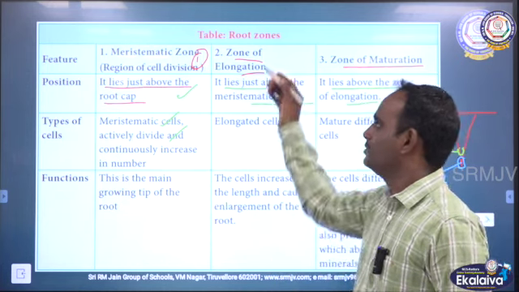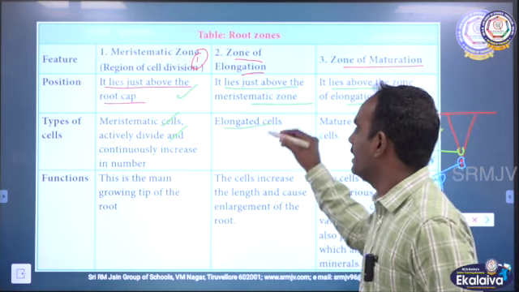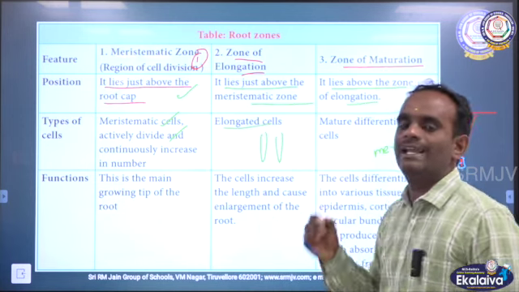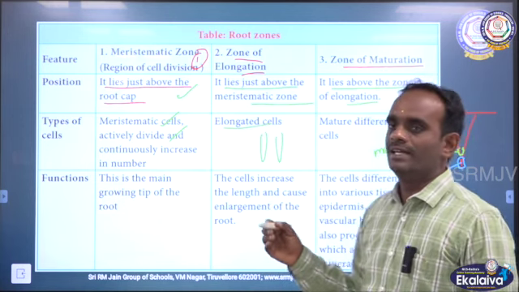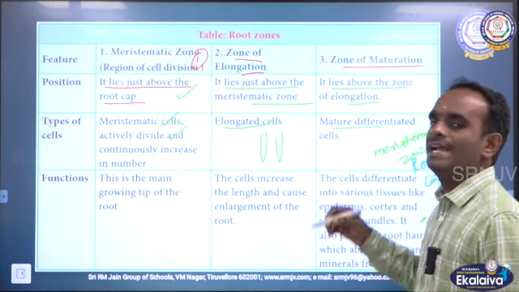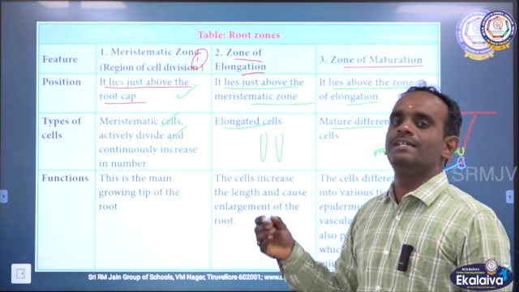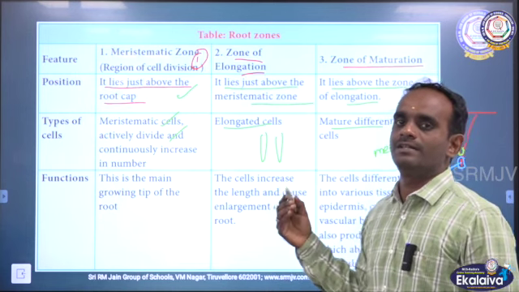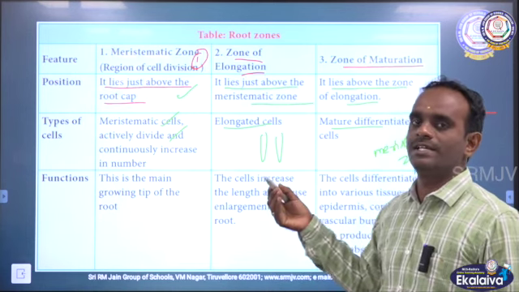In the case of zone of elongation, elongated cells are present. In the third zone, that is zone of maturation, mature cells and differentiated cells are present. Mature cells get differentiated.